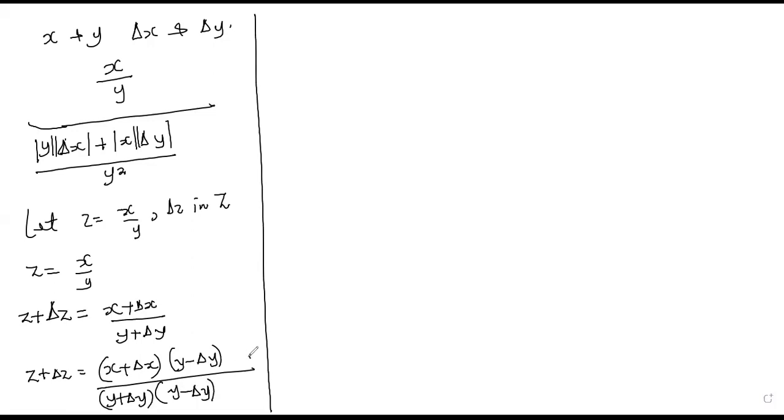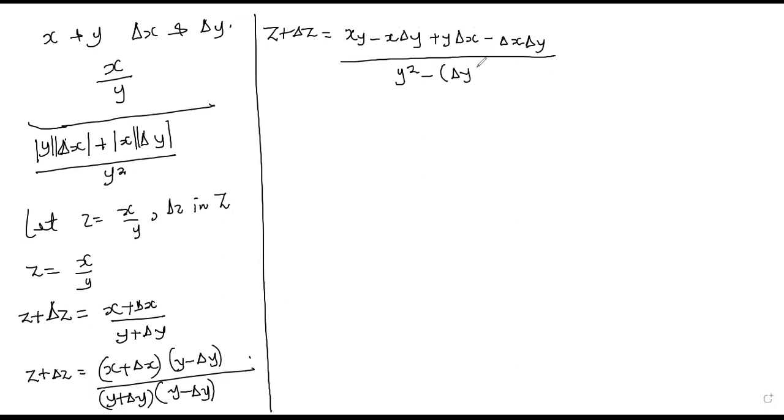All right. Normal expansion will bring us Z plus delta Z is equal to, we expand: XY, then X times negative delta Y is minus X delta Y, plus Y delta X, minus delta X delta Y, out of, when you expand the denominator, Y squared minus delta Y squared.